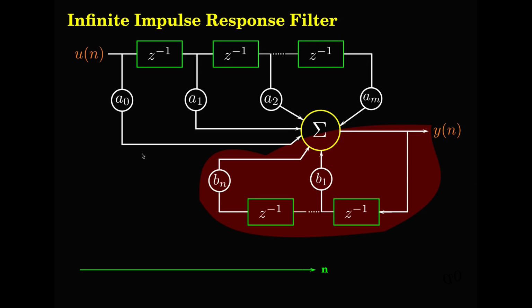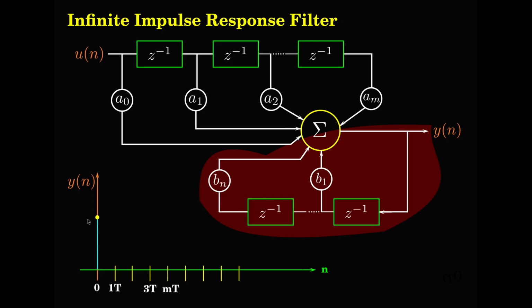So let me draw again like before the n axis, which is the discrete time axis, and the y axis, which is nothing but the discrete time output yn. I am going to mark equally spaced points on the n axis at 0T, 1T, 2T, 3T, MT, and so on.